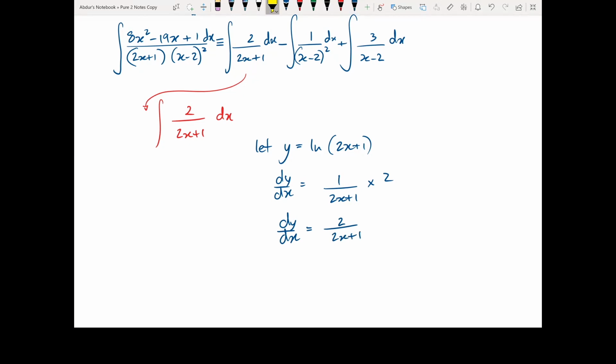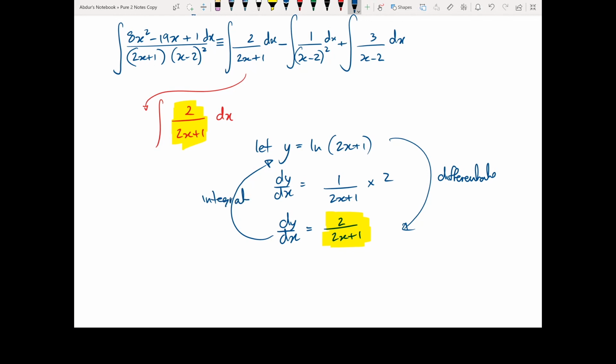We can see that this 2 over 2x plus 1 is exactly what we're trying to integrate. So if we differentiate to get this, then the integral of that should get us back to ln of 2x plus 1. Therefore, we can write down that the integral of 2 over 2x plus 1 dx is equal to ln of 2x plus 1. Likewise, we need to go and integrate each of those.